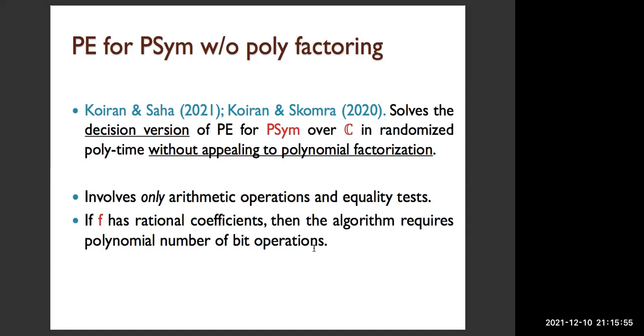And it is not known whether you can do polynomial factorization using only arithmetic operations. So for example, if your F has rational coefficients and you want to check whether F is equivalent to the power symmetric polynomial over complex numbers, you can solve the decision version in polynomial time, truly in polynomial time. The complexity would be polynomial bit complexity.